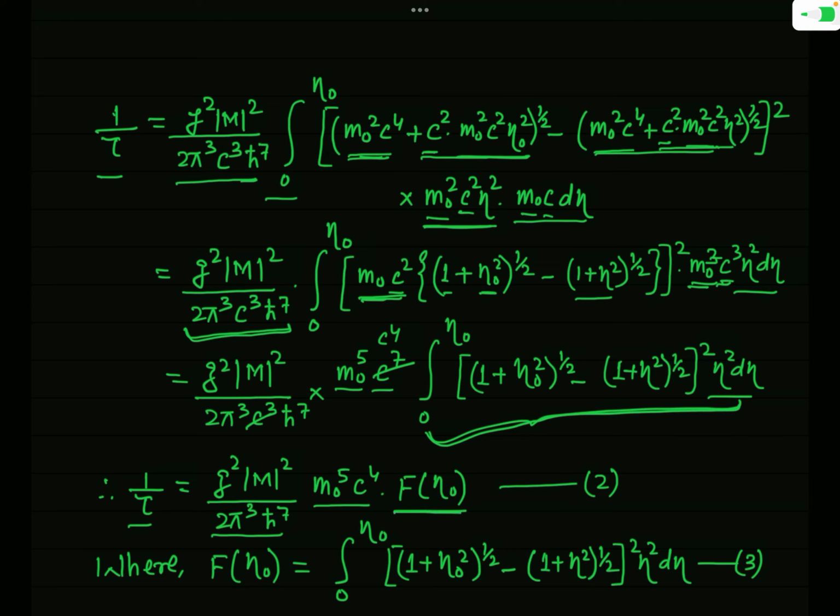You can see here in this equation 3 that f of eta naught is equal to this integral. So this is the expression for the reciprocal of the mean life of this decay process.